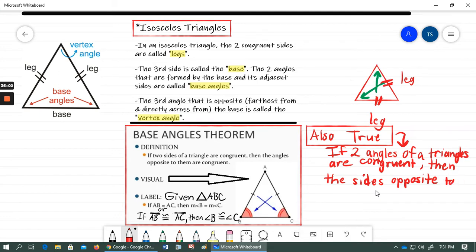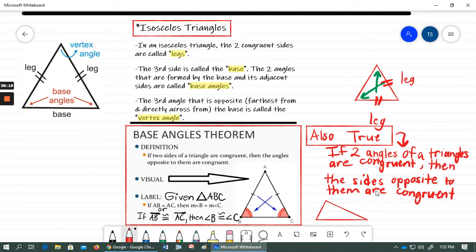The sides opposite to them are congruent. Okay? So it works both ways, folks. It works both ways.